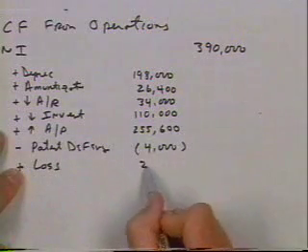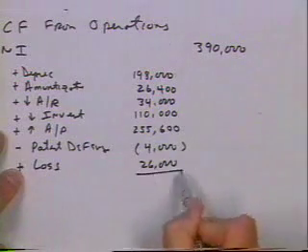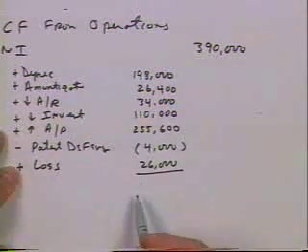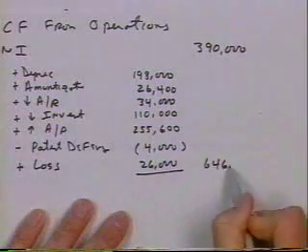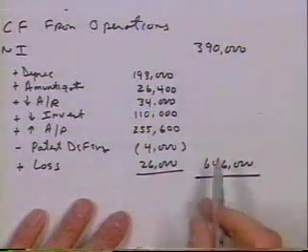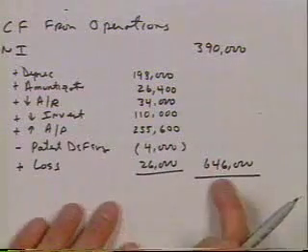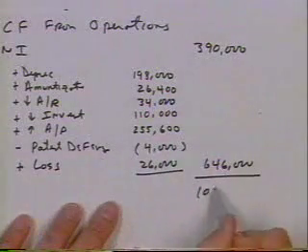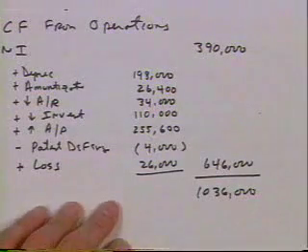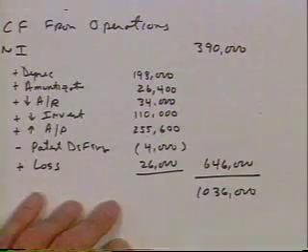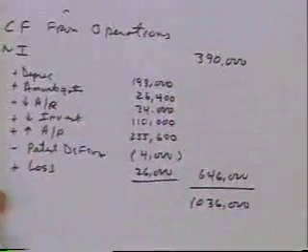And that loss was $26,000. So when we add everything up here, we get 646, giving us total cash flow from operations of 1,036,000.